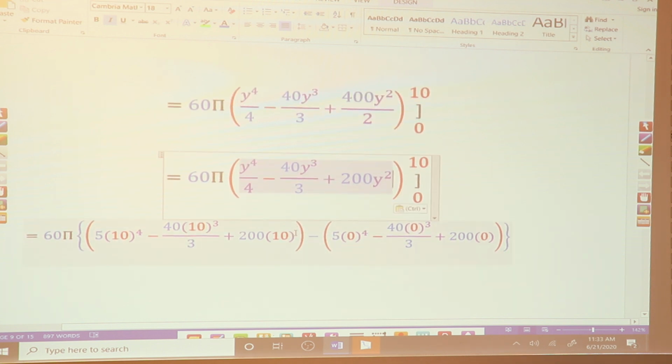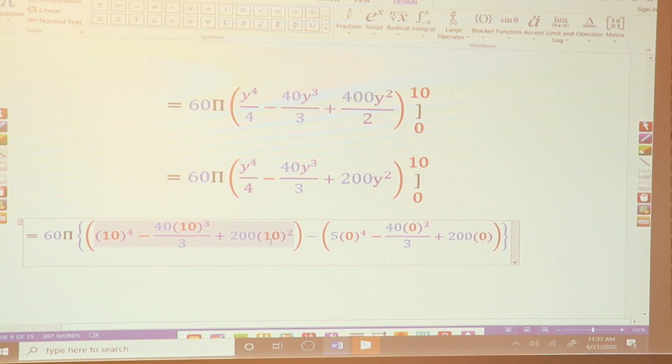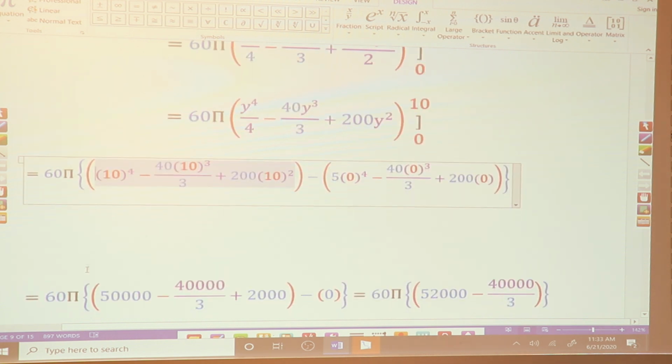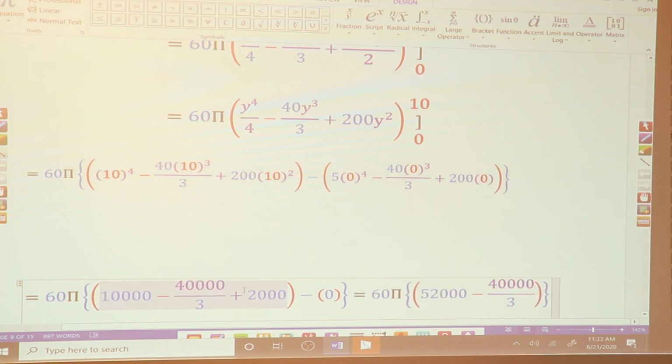Now plug in your numbers from 0 to 10. Then we have 10 to the 4th over 4, minus 40 times 10 cubed over 3, plus 200 times 10 squared, and all this becomes 0 at the lower limit. Now this one is 10,000, and this is 4,000 over 3.